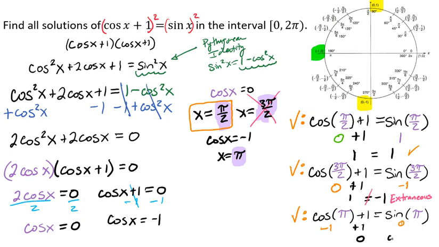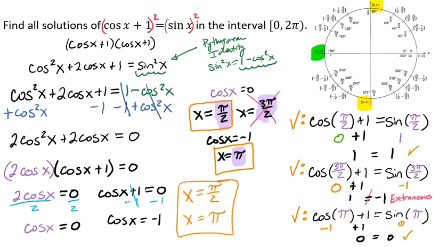And so we see that we get 0 equals 0, which is correct. And so that is a solution. We have our two solutions, x equals pi over 2 and x equals pi. And really you only need to box them one time. So if you box them up here, then you're done. But if you want to rewrite them in this format, you can as well. And those are our solutions.